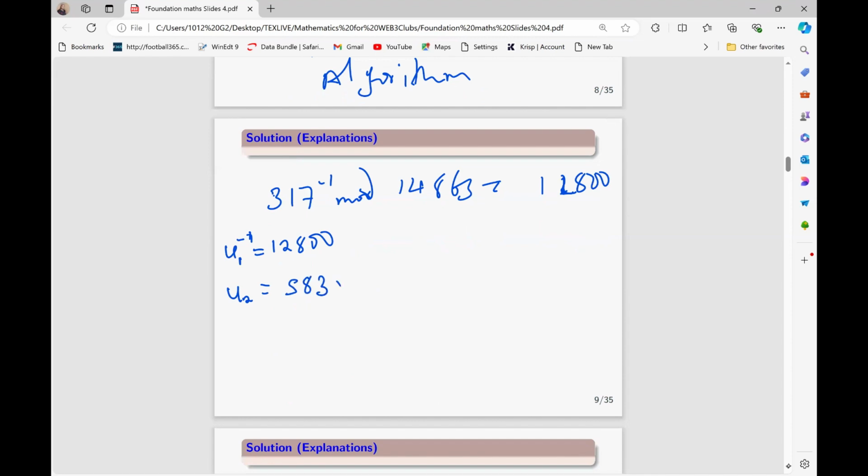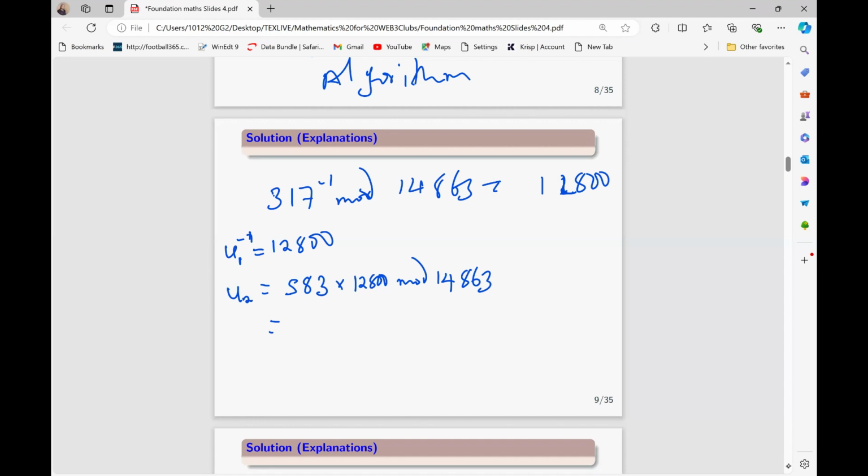So multiply this by 12,800 mod 14,863. What do you get? Now, if anybody has a calculator and you've gotten the answer, you just tell me.